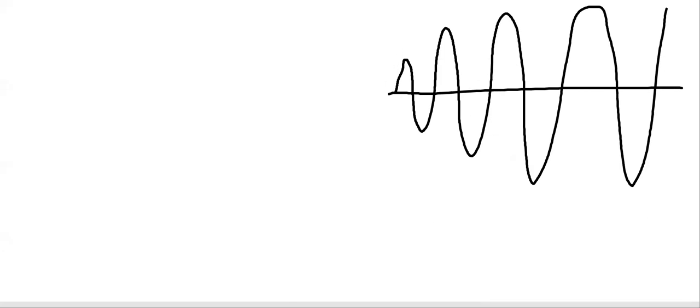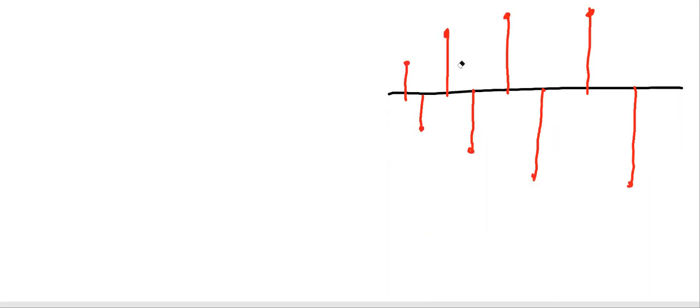Let's say we have this kind of signal. Okay, if I erase the black one, you have this kind of signal. This is your new xn, which is definitely an unstable situation.